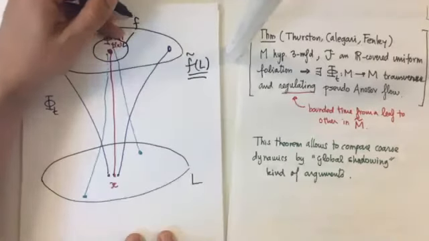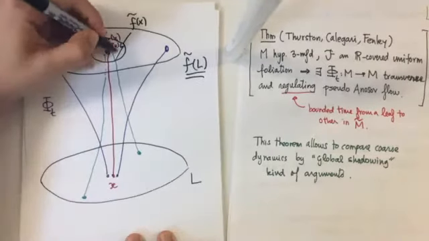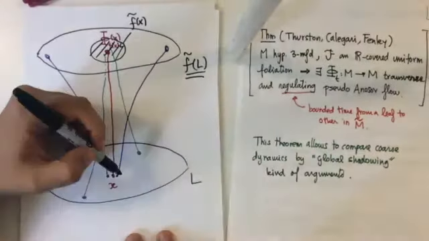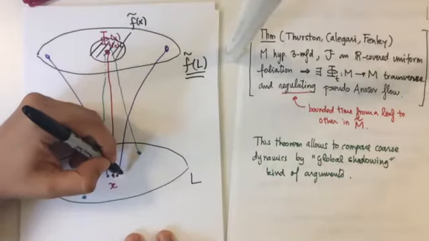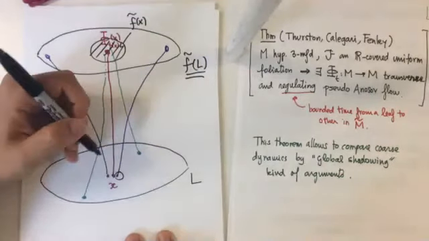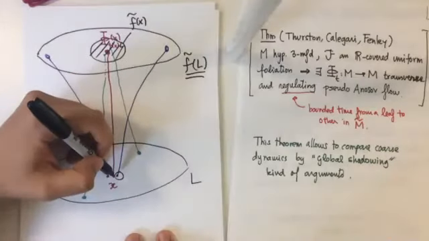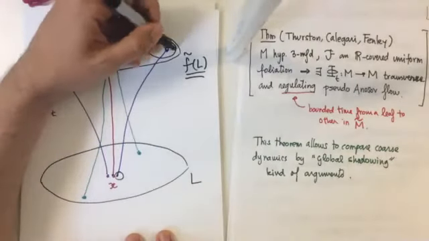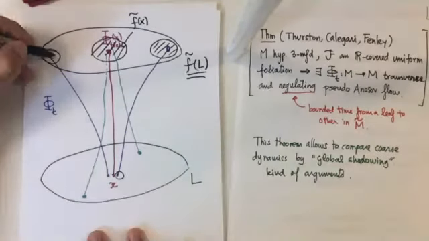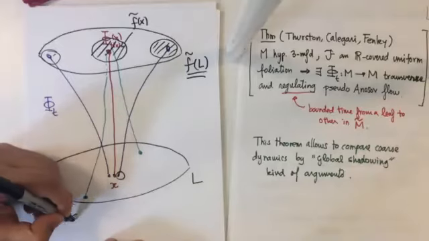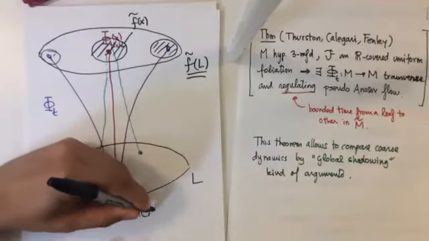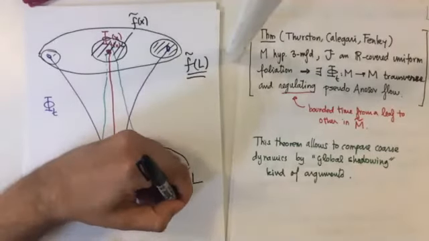So this is F tilde of X belongs to this neighborhood here. And F tilde of a point here, so not exactly this point because you can switch, but some point here will map over here. So if you look far apart, you get some coarse contraction and expansion.